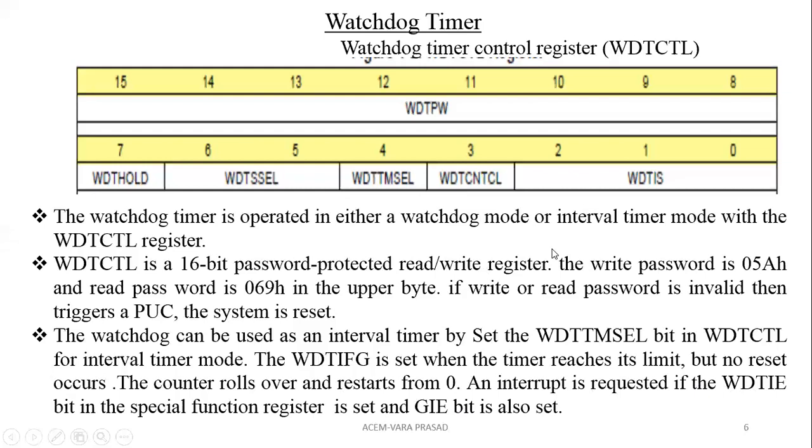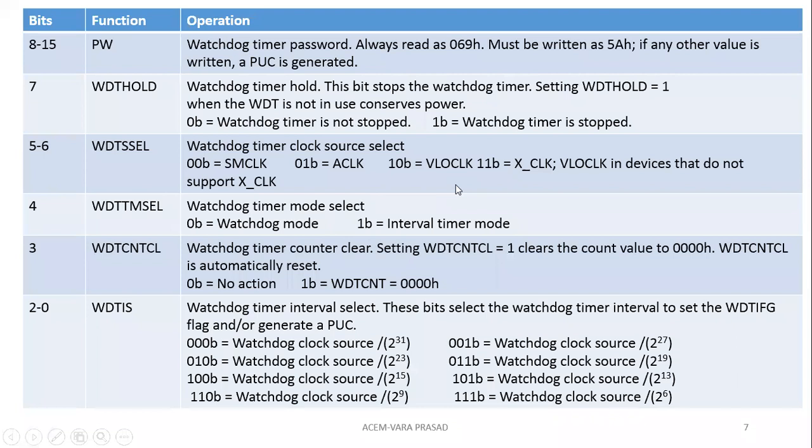So we'll see the remaining functions of the watchdog timer control register. As we have already studied, bits 8 to 15 are used for the password, and the 7th bit is used for watchdog timer hold.